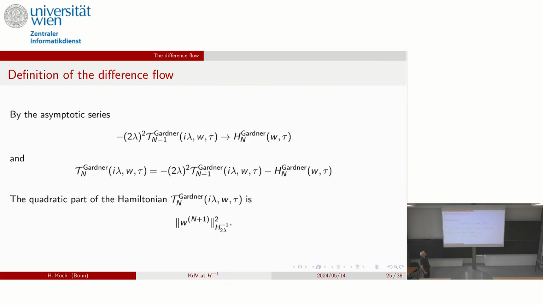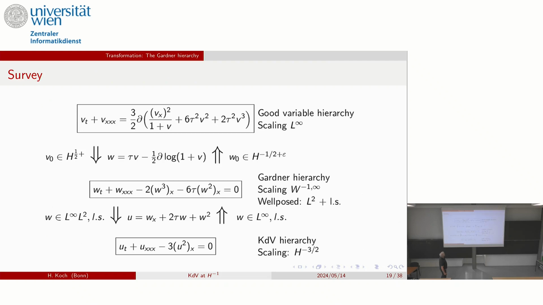Let me go back a bit and tell you one observation. If you look at the KdV hierarchy, the KdV equation, then the flow is not well defined below H^-1. H^-1 is the best possible thing. It's also the quantity which occurs in the Miura map, so there's no way you can go below H^-1. So what about this equation? This equation looks like, well, basically it is the defocusing modified KdV equation.